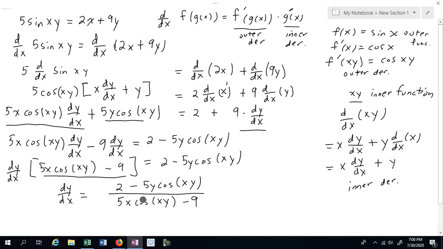In this case, because we used implicit differentiation, we ended up with our derivative in terms of both x and y. But that's the price we pay for using implicit differentiation. Often that happens.